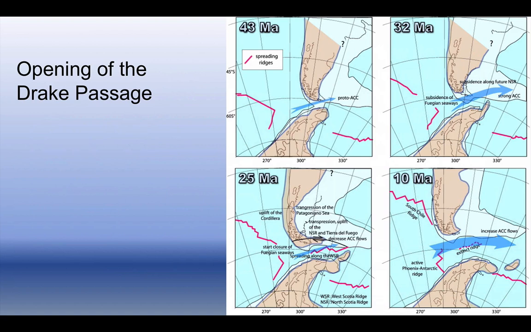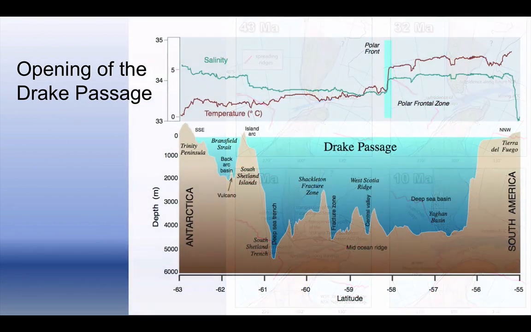It's only 10 million years ago when plate tectonics pulls these two landmasses apart and allows for the circulation of significant quantities of very cold polar waters. This must have a big effect on climates.